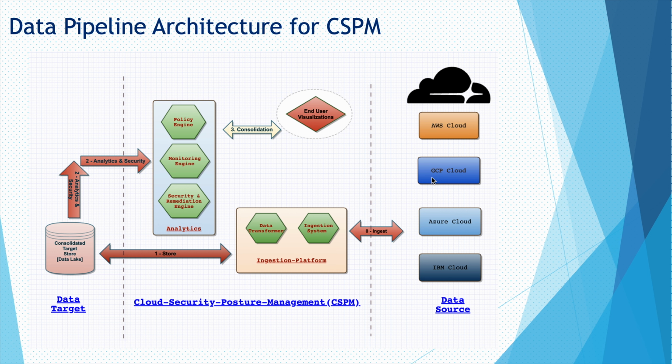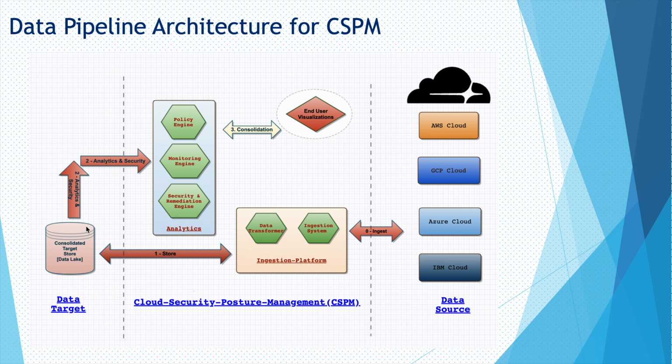There are two parts of the ingestion platform. One is the ingestion system, another is the data transformer. The ingestion system basically fetches particular data, and the transformer picks only the relevant data out of that and stores that into the consolidated target store.